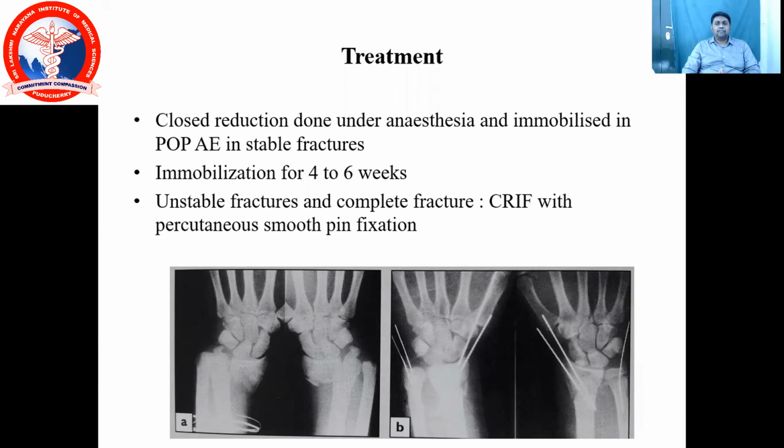So ideally, for these types of fracture, surgical line of treatment is the best option. If the metaphysis is involved and the epiphysis is intact, you can treat it conservatively. But if the epiphysis is involved and there is a displacement, then you have to 100% reduce the fracture and then pass smooth pins. Why are smooth pins applied? Because we don't want to injure the epiphysis, which is nothing but the growth plate.